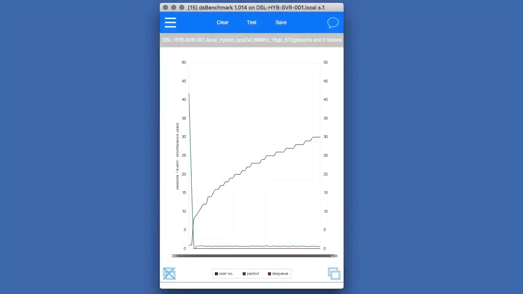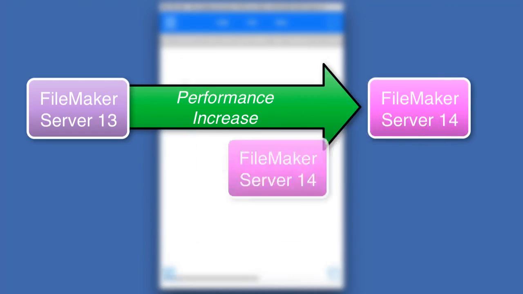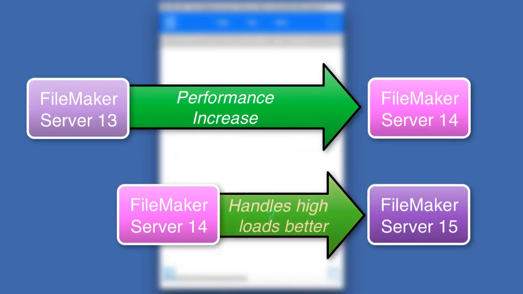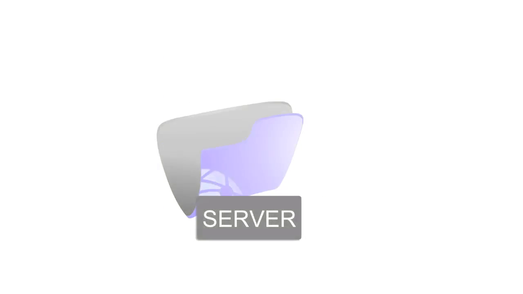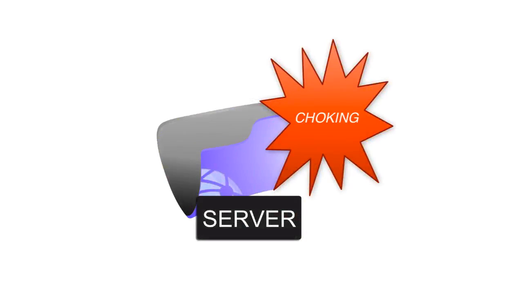Well, considering that we had a pretty good improvement in performance from 13 to 14, how are we looking with the 15 release? The 15 release seems to handle high loads more gracefully than did 14. In the previous video, we looked quite hard at how FileMaker Server chokes, as any database server will. If you put any database server under enough load, then it will choke, and we analysed how that worked.